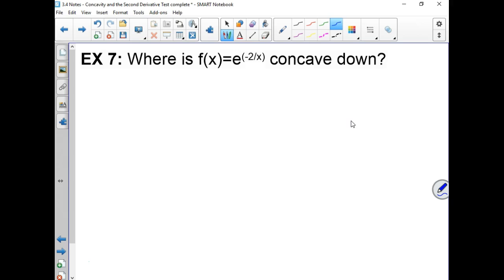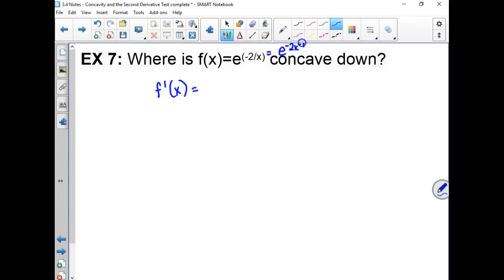Okay, so we want to know where this is concave down. So let's do f prime of x. When we take the derivative of, I actually might change this first. This is e to the negative 2x to the negative 1 there.